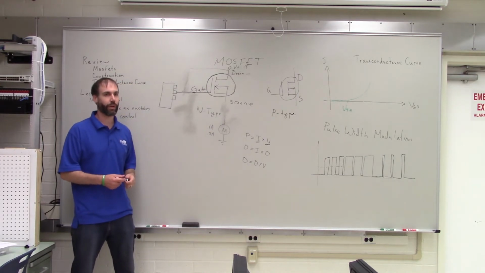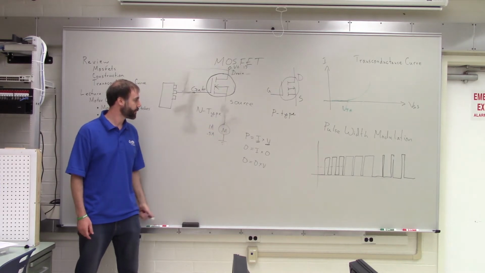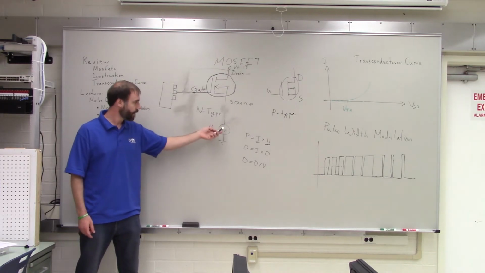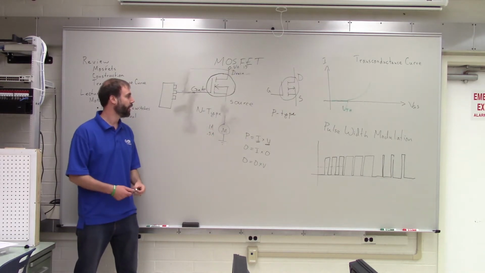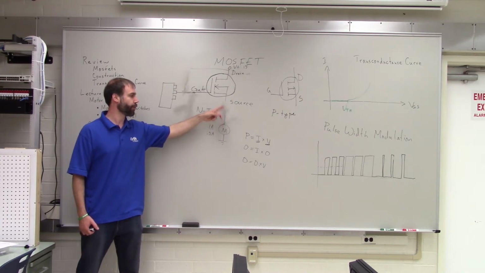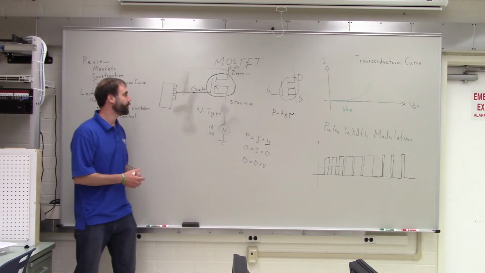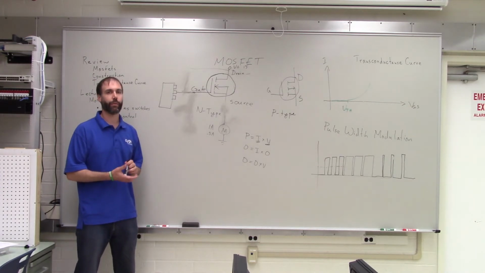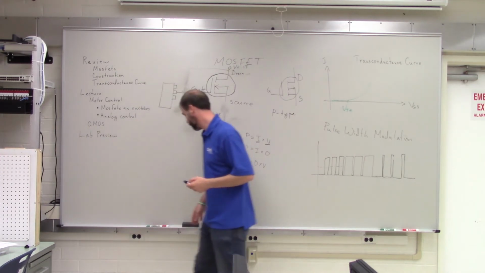For instance, if you wanted to control the direction of rotation of this motor, it would be nice to be able to set this voltage to be high or low. And to do that, we need two MOSFETs that work together with each other. That's what CMOS is. Okay?